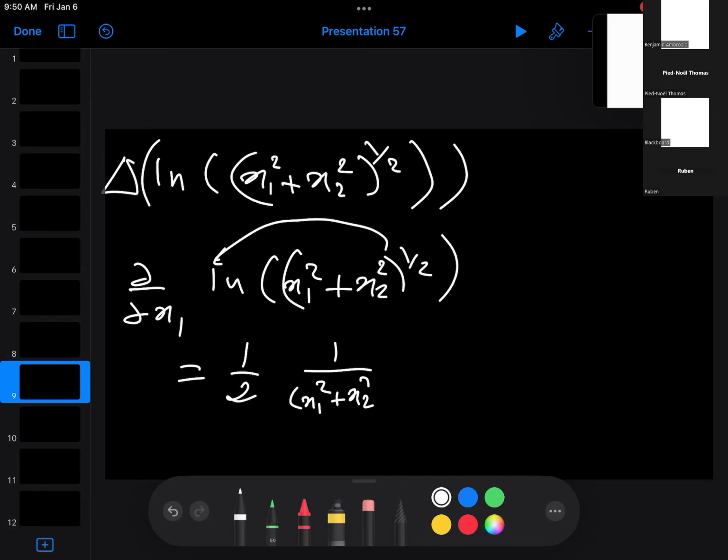I get that times 2 x1. So this cancels and I get x1 divided by the norm of x square.